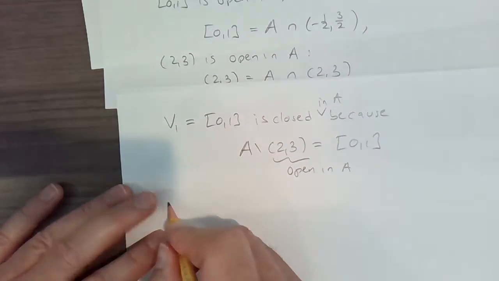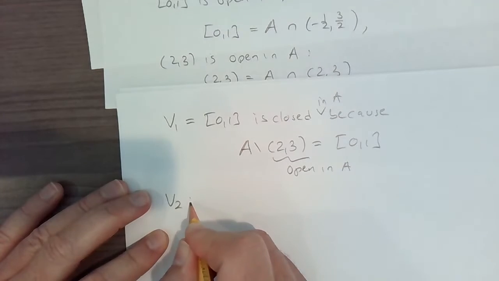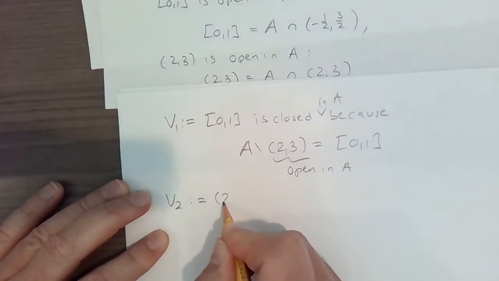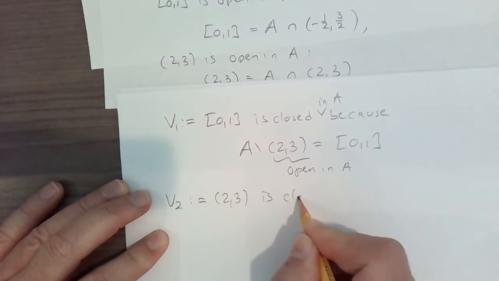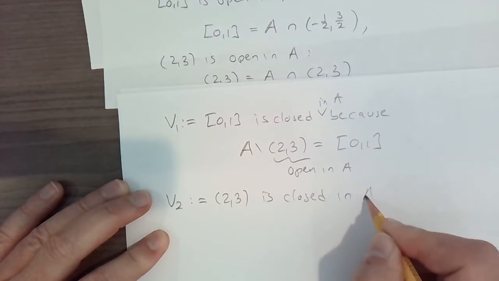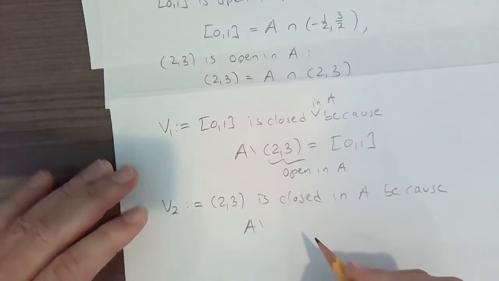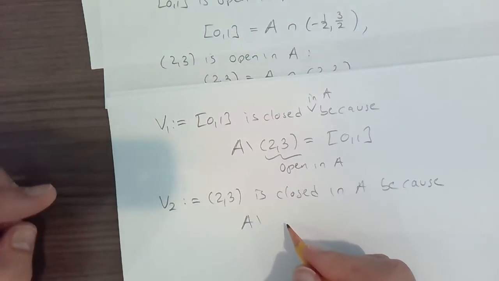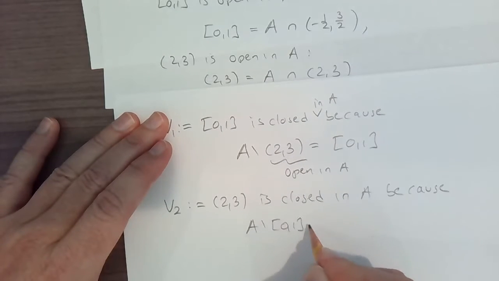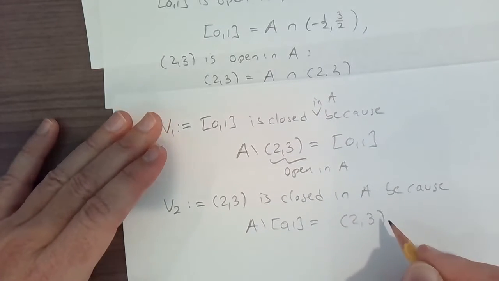I can do the same thing for the other set, V2, which I could call 2 to 3. This is closed in A because if I look at A less the set 0 to 1, I'll get exactly 2 to 3.